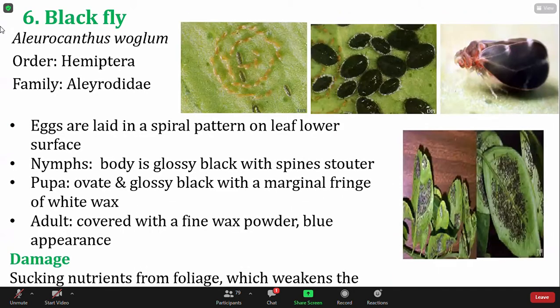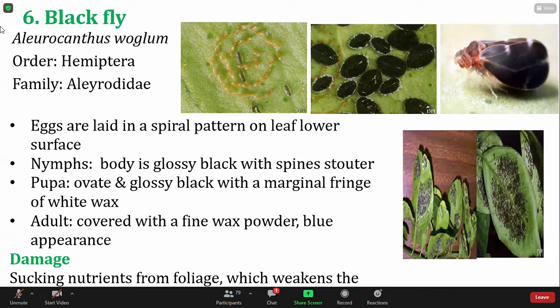The sixth one is black fly. This is from the order Hemiptera, and the eggs are laid in a spherical pattern. You observe here. The eggs are laid in a spherical pattern on the lower leaf surface. The nymph's body is glossy black with spines, the pupa is ovate and glossy black with marginal fringe of white wax.